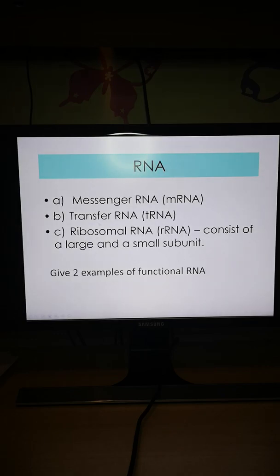When they say functional RNA in that gene definition, a base sequence that codes for the amino acid sequence of a polypeptide chain, or the base sequence of a functional RNA, we're talking about tRNAs and rRNAs. So we've got messenger RNA, transfer RNA, and ribosomal RNA. We need to know a bit more about the structure of messenger and transfer RNA. All we need to know about ribosomal RNA is that it is combined with proteins to form the large and small subunits of the ribosome.